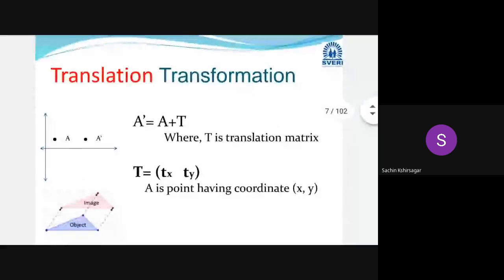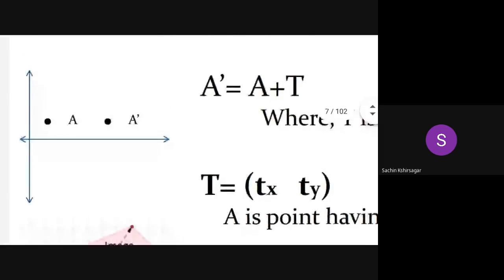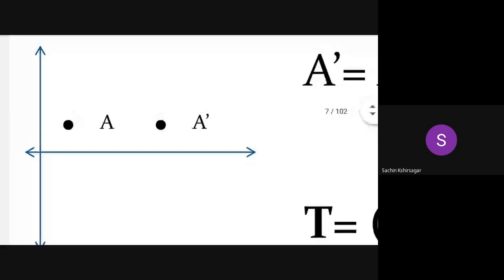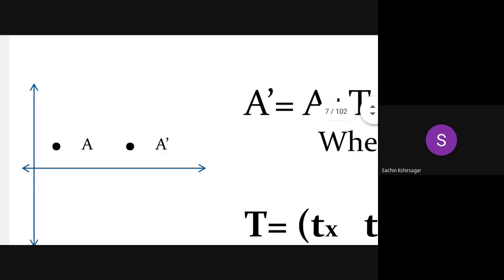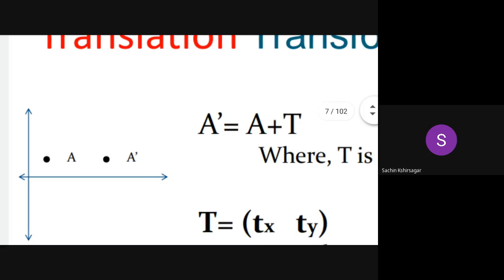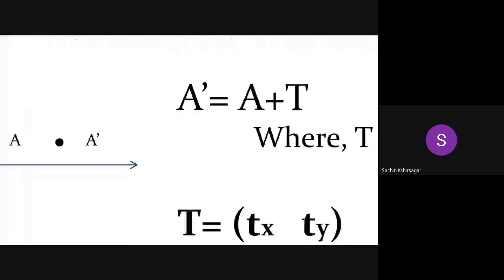Now the first command we discussed is translation. Translation is nothing but addition of whatever amount. In the figure, point A is translated to A dash. The distance from A to A dash is the transformation distance, which is A plus T, where T is the transformation.